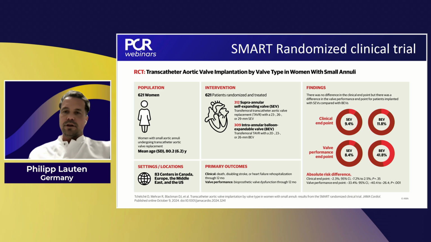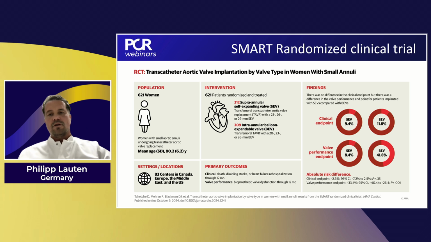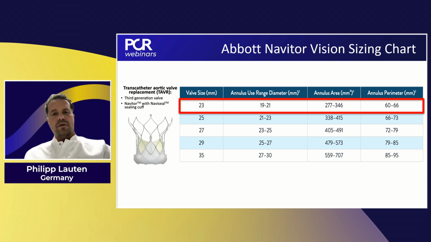below 23 millimeter. This is really important, and this is also what we see in our clinical practice, better hemodynamics and better clinical outcomes in patients with small anatomy and supraannular valves.